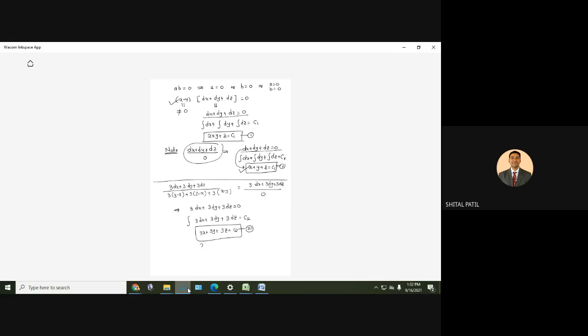Absolutely. So if I take 3 common, I can get like this. Say I can consider C2 dash. So it is the same, or I will say 1 and 2 are linearly dependent.